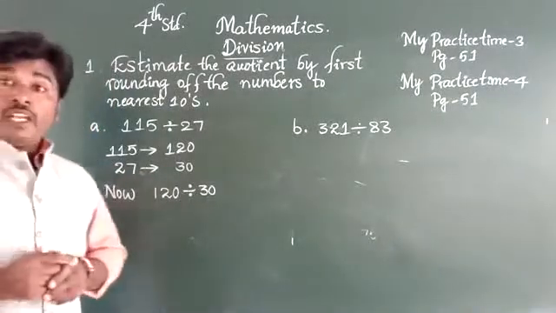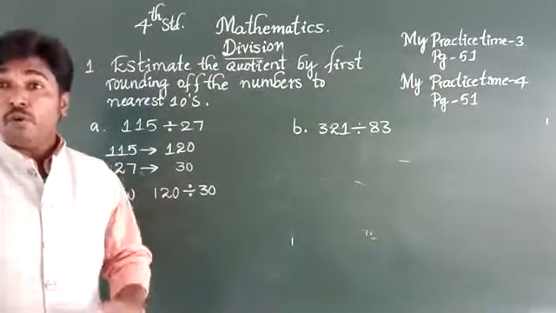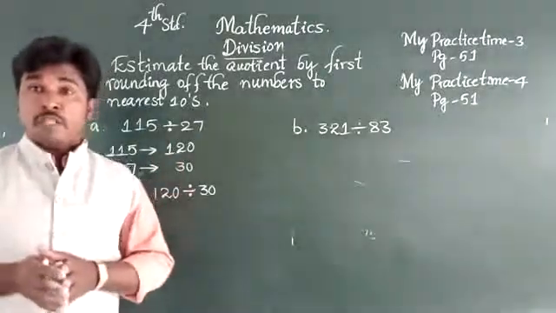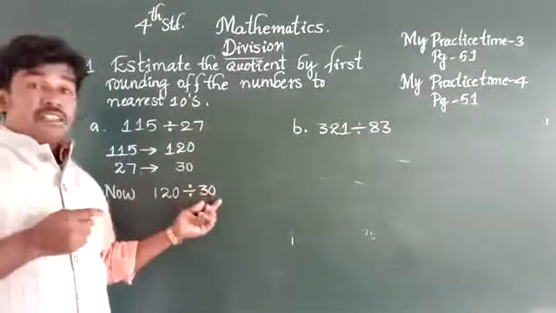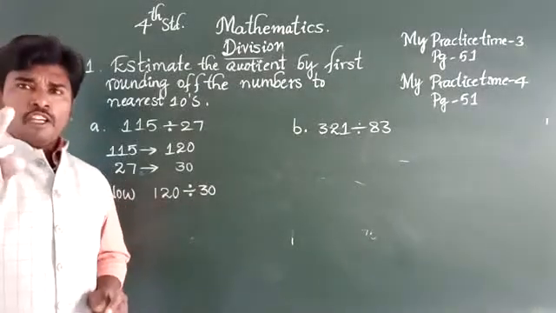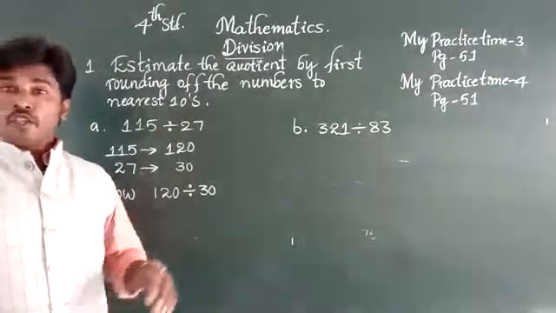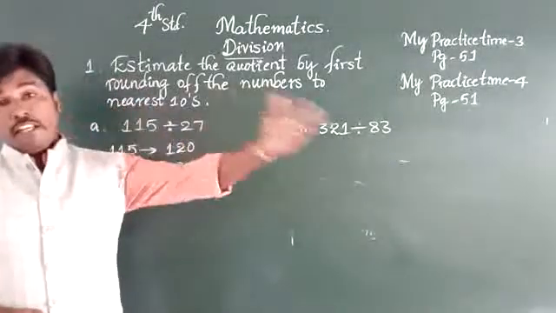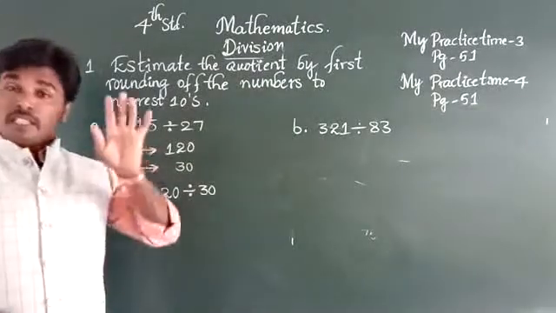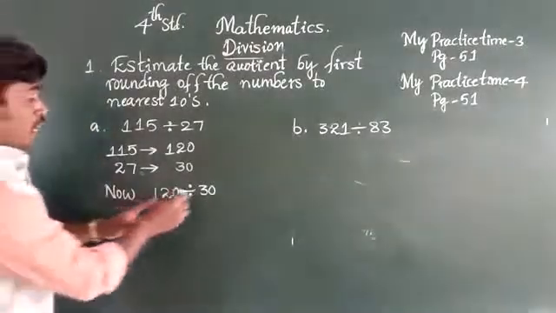Similarly, multiples of 30 are also very easy. If you know the multiplication table of 3, then 30 is also very easy. If you know the multiplication table of 4, then 40 is also very easy. 5, then 50 is easy. 6, 60 is easy. In that manner you can divide.